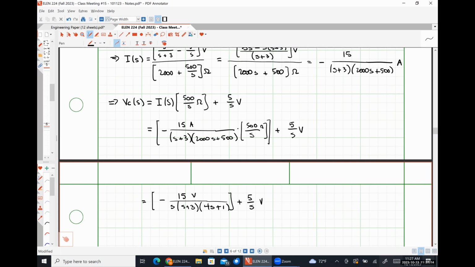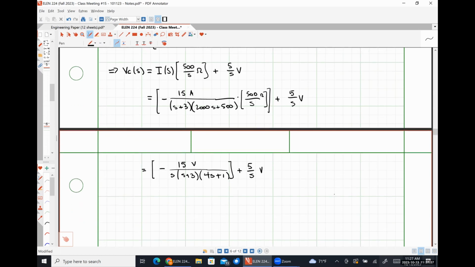We okay with that? So 500 here is going to cancel out, so it's going to leave 4 here and 1 here. Is that okay? Pretty sure that's how math works.